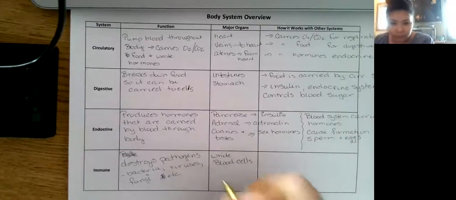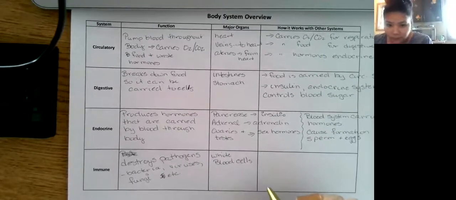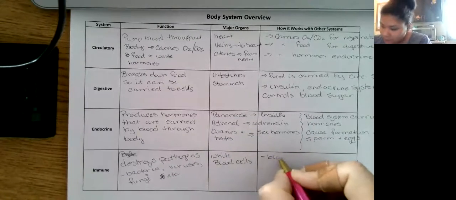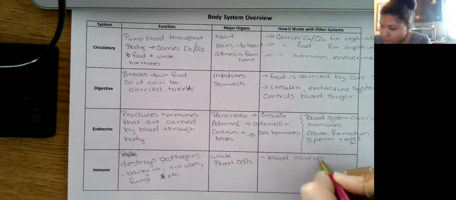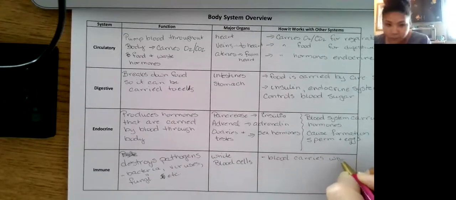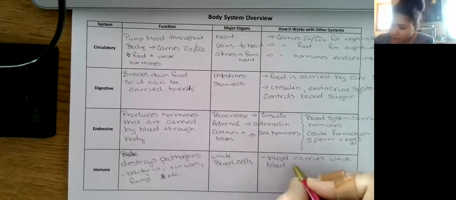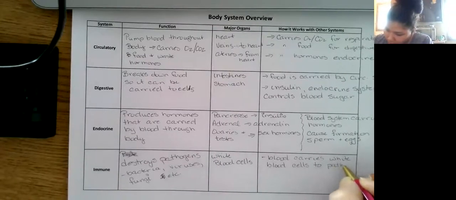And those are the ones that will engulf the pathogens and kill them off. All right, so how does it work with other systems? So your blood carries the white blood cells around, hopefully to find the pathogens.